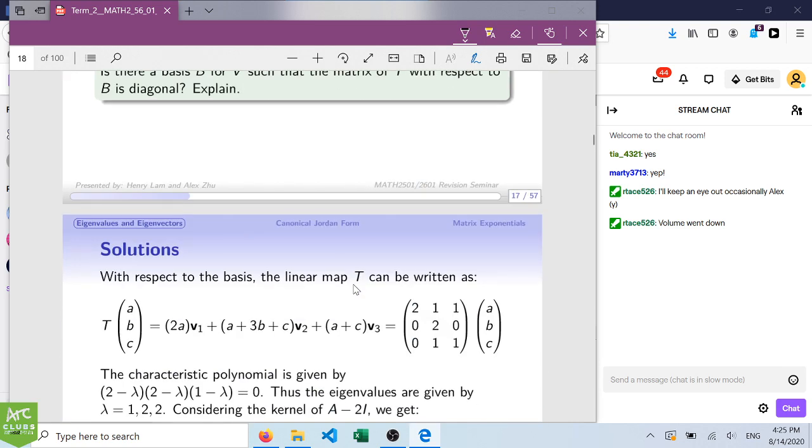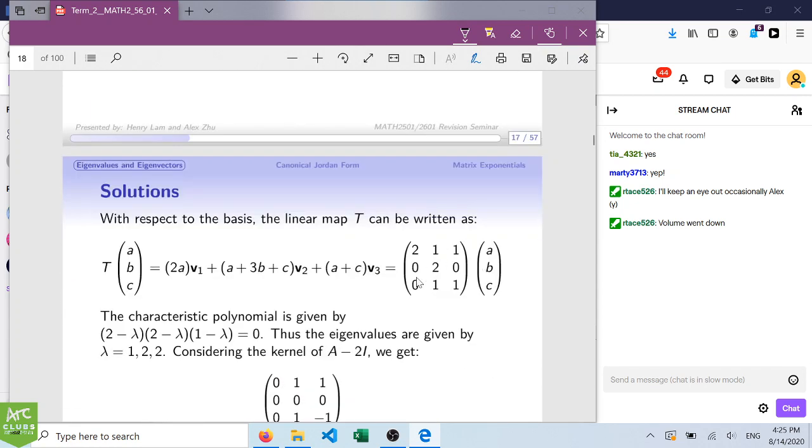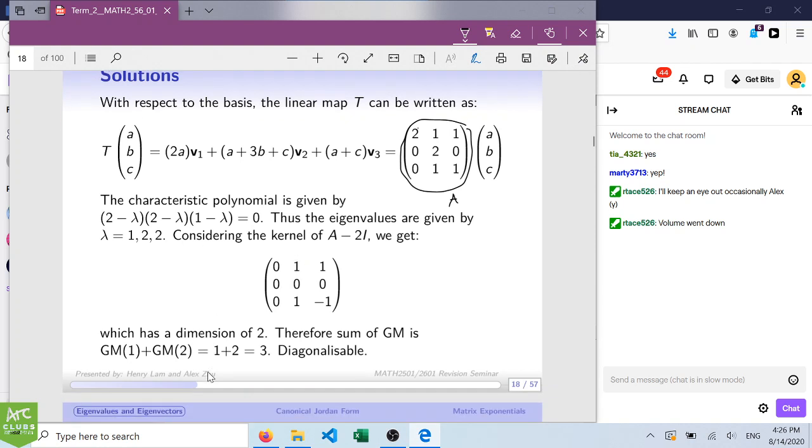So to get that, we need to convert T into a matrix in terms of A times V. That's the linear transformation matrix. And this A, we want to find if this is diagonalizable. So first we're going to compute the characteristic polynomial and then find the eigenvalues, and looking at the kernel of each eigenvalue, we'll end up with the dimensions.